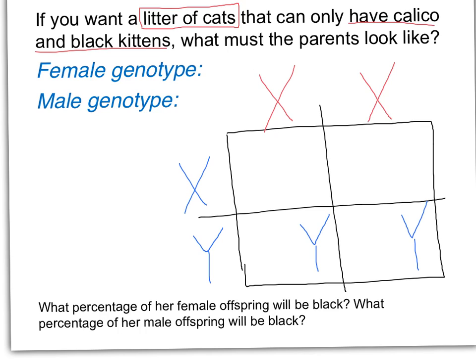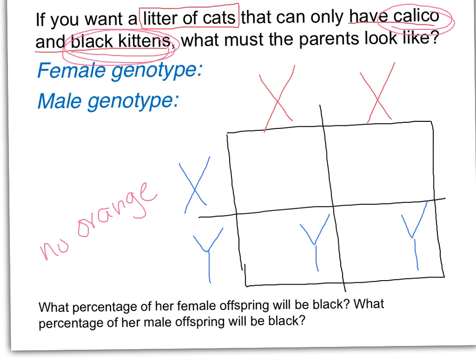Okay, now, when I look at my question up above here, it says I want to have black ones, and I want to have calico ones. No orange. No orange.